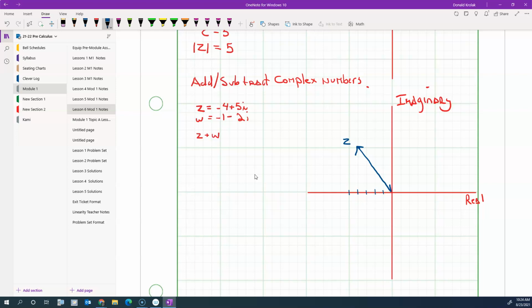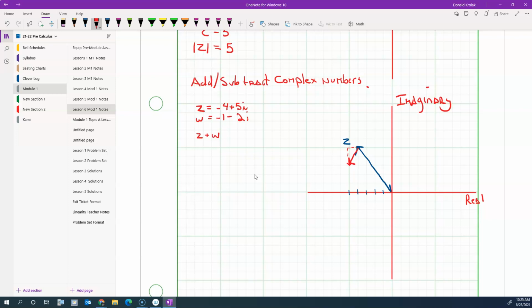Now to add w to it, you're going to go to the end of this and add w using its components. W is -1, -2, so I'm going to go 1 left and 2 down. And then that is going to be w.